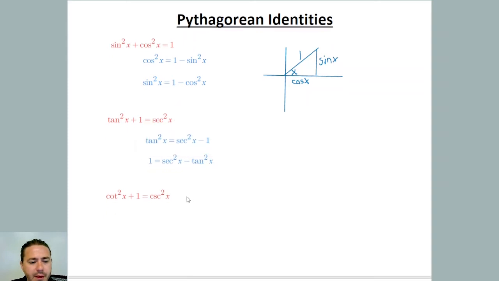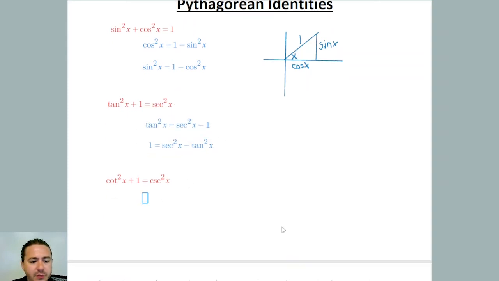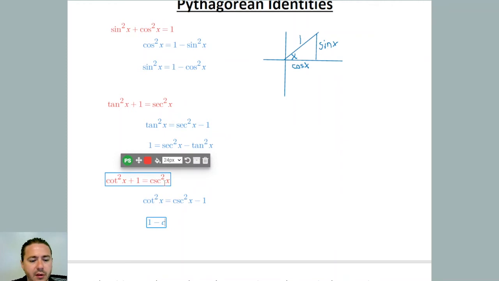Then for this last one, we can rearrange this by solving for cotangent squared, and that would give me cosecant squared x minus 1. And similarly, we could rearrange for 1 and get 1 equals cosecant squared x minus cotangent squared x.